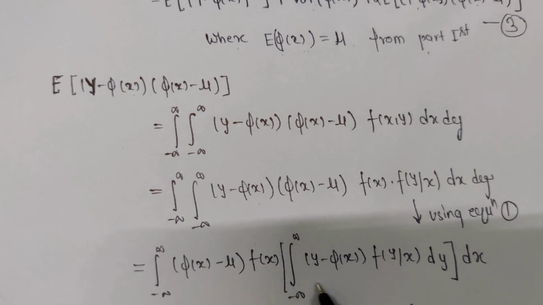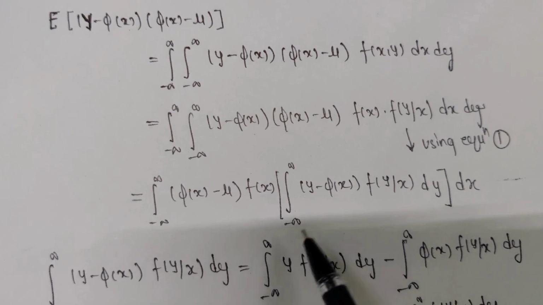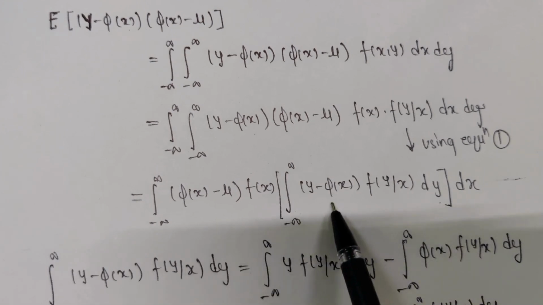This is taken outside, and we combine the x and y function values together, so we get this expression. Now simply taking the second term of this expression and simplifying it: the integral from minus infinity to infinity of (y minus phi(x)) f(y given x) dy.